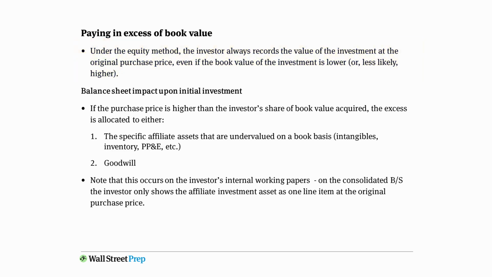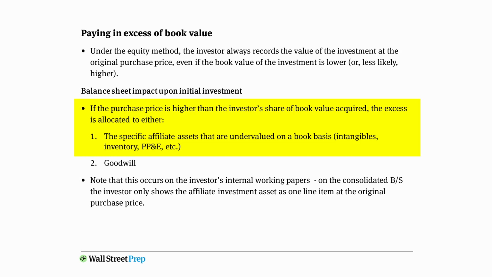So to be specific about the balance sheet impact during the initial investment, using the equity method when the investor is paying more than the book value would suggest: if the purchase price is higher than the investor's share of book value acquired, the excess is allocated to the specific affiliate assets that are undervalued on a book basis.